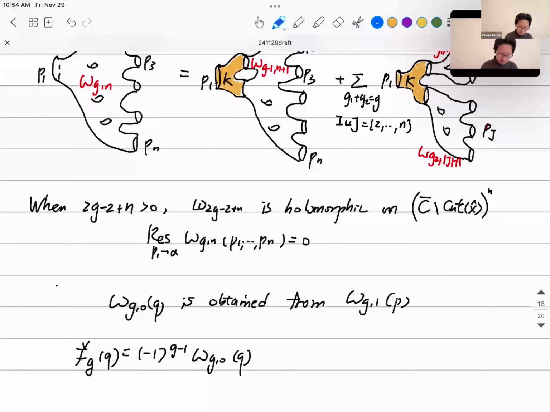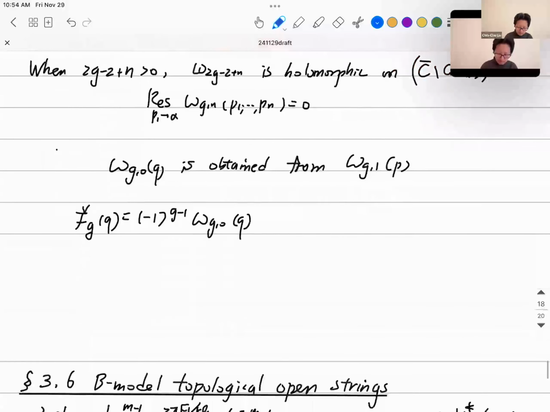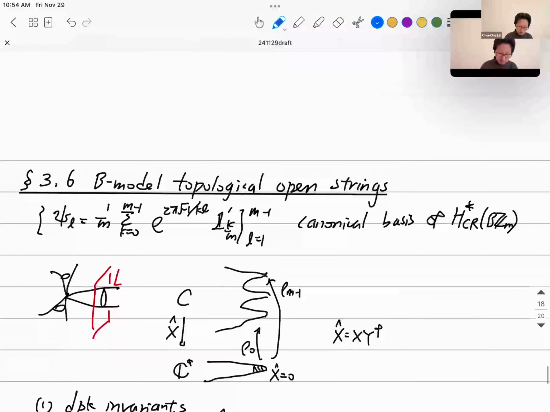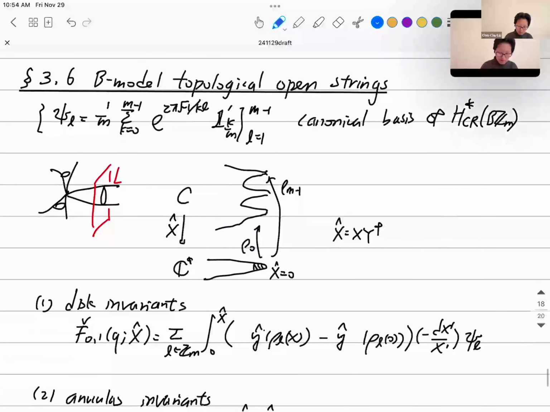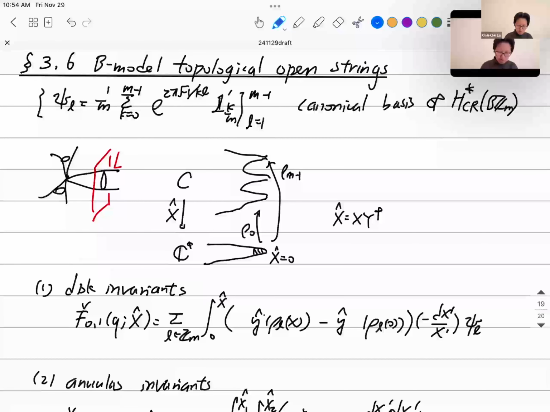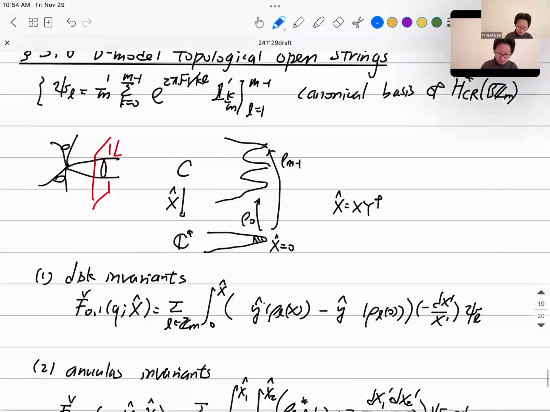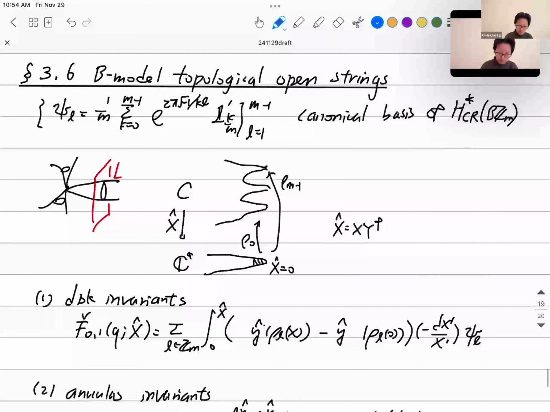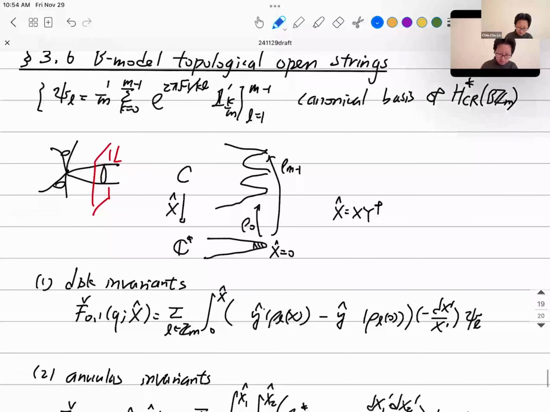So the B model free energy is, up to a sign, omega g,0 of q. So now we can define the B model topological open string. It's all constructed from this omega g,n.